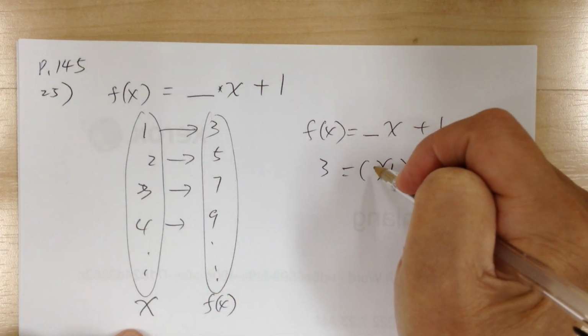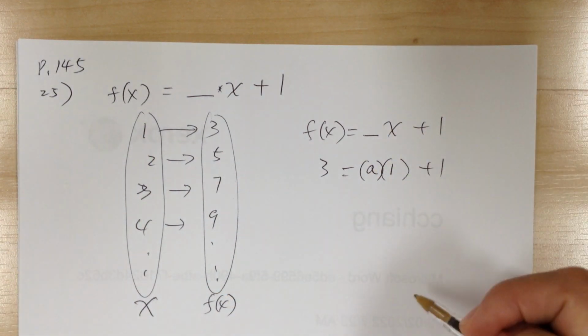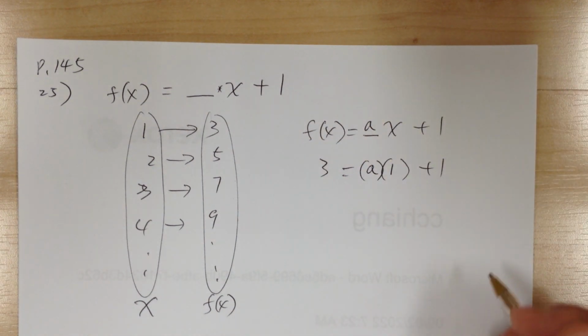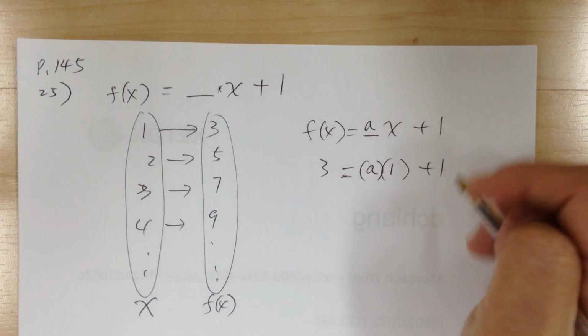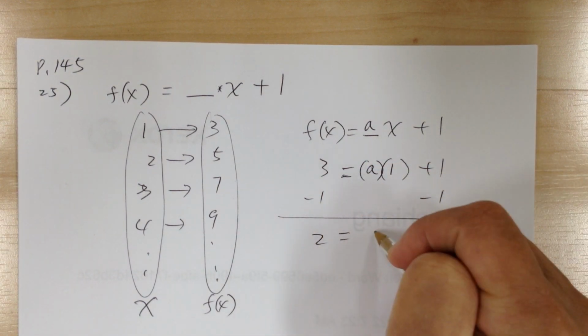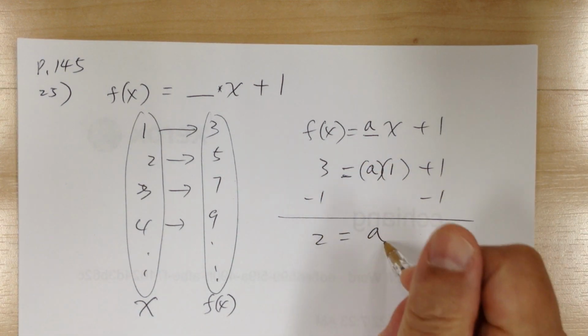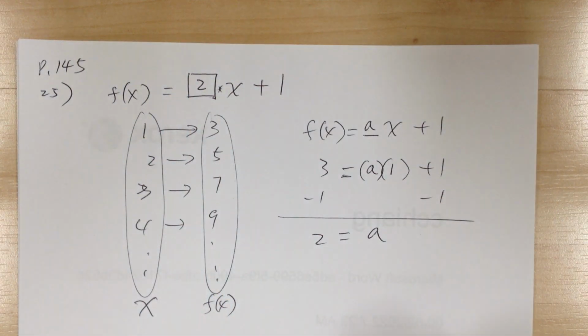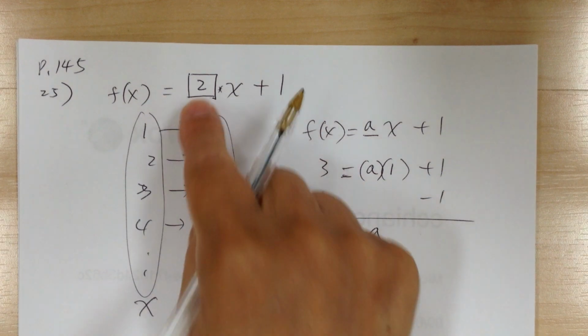I'm just going to call it a. So assign a variable to it. From here to solve, you just go ahead and minus 1 on both sides. So you're going to get 2 equal to a, and that's it. So the 2 is a, so 2 goes in the blank. You can choose any number, it will work.